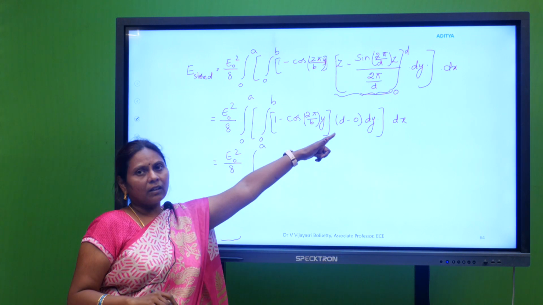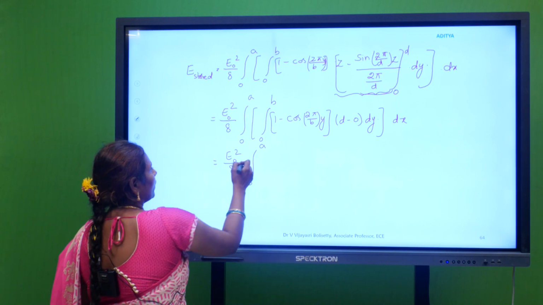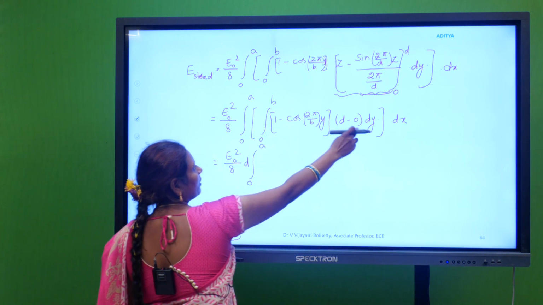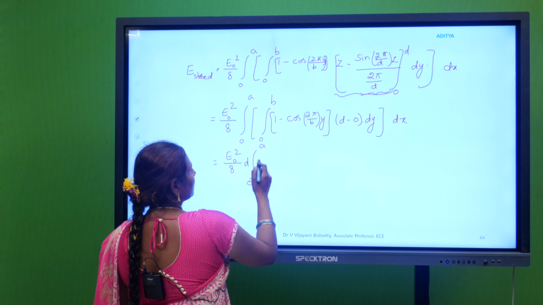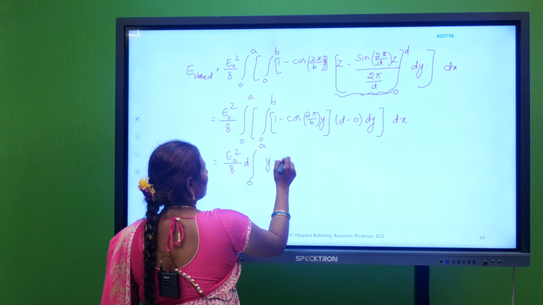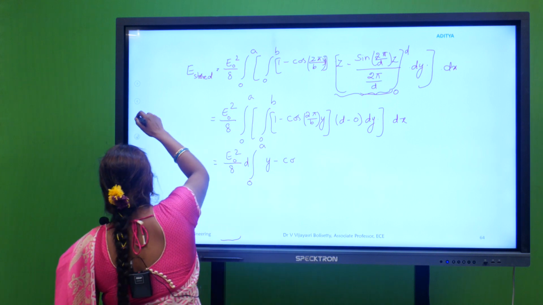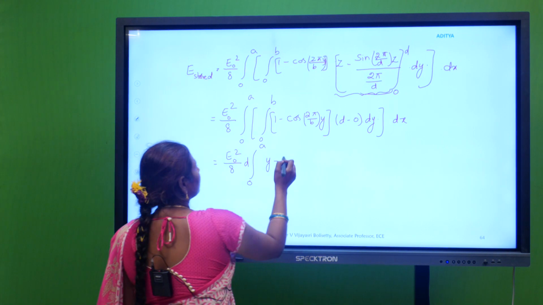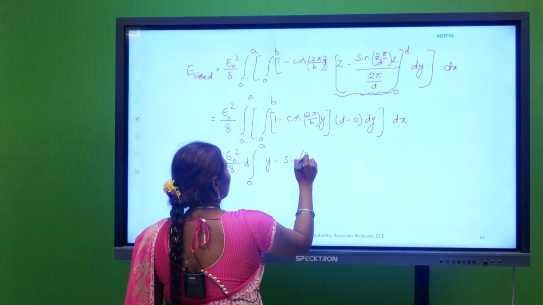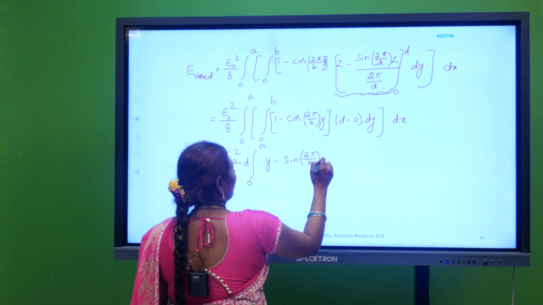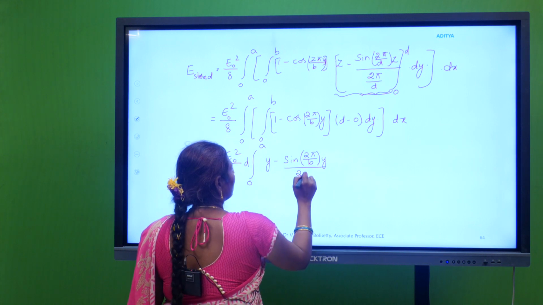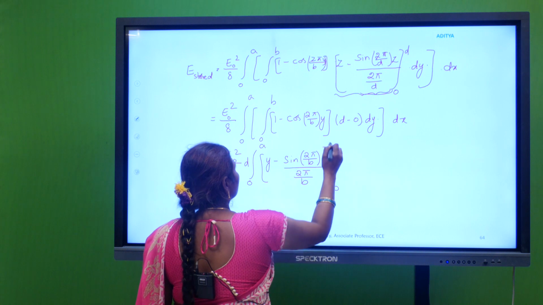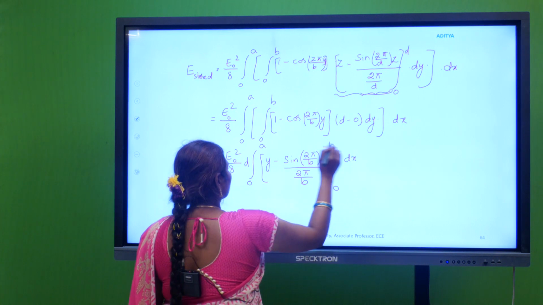Simply, here d is constant, so it can be taken outside the integral, and we have 1 minus cos 2 pi by b y dy. The integration of this is going to result in y minus the integral of cos, which gives sine 2 pi by b y by 2 pi by b, over the limits 0 to b, dx.